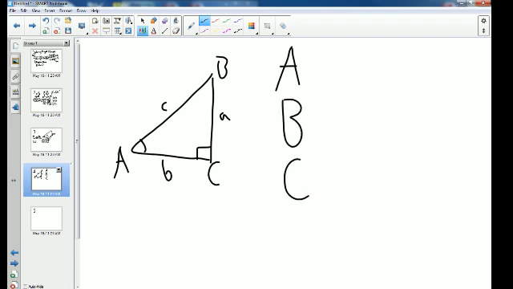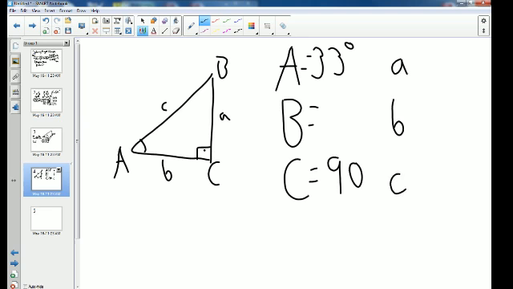We're given A, which is 33 degrees. And then we are also given C, which is 90 degrees, which you can tell from that box in the corner. And so then we need to find B and all the sides, and we are also given side B. Side B is 5.8 units.